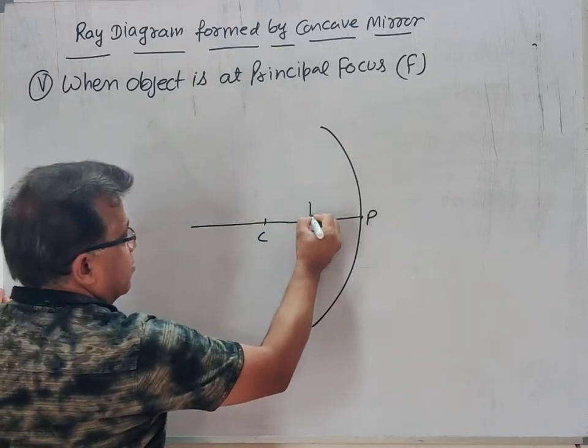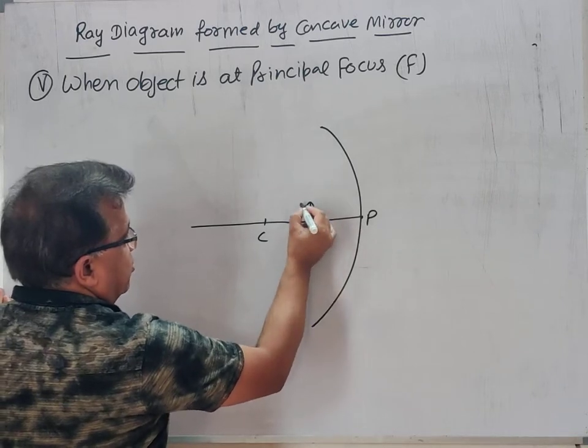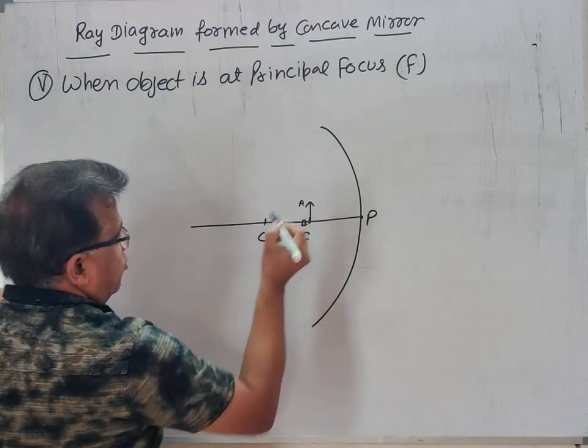Object is at principal focus, A and B, it is the object.